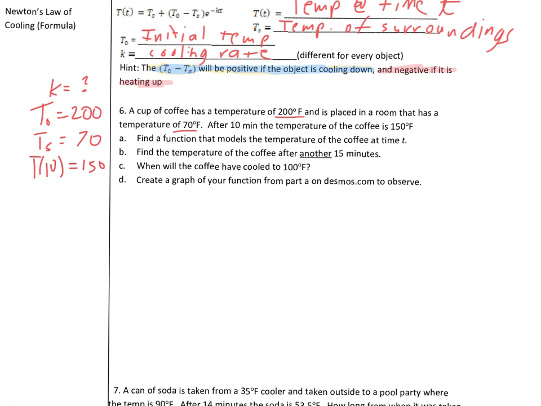So we have T of t equals, T sub S first is 70, plus T sub 0, so 200, minus 70 again, e to the negative kt. And then I'm going to plug in my point. They say that when I plug in a 10 for time, I get out a 150 for temperature. So I'm going to plug in 150 over here.